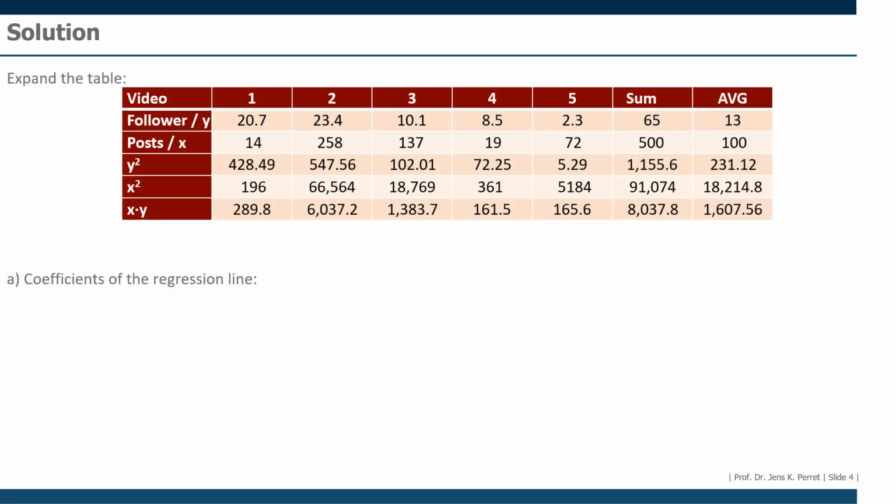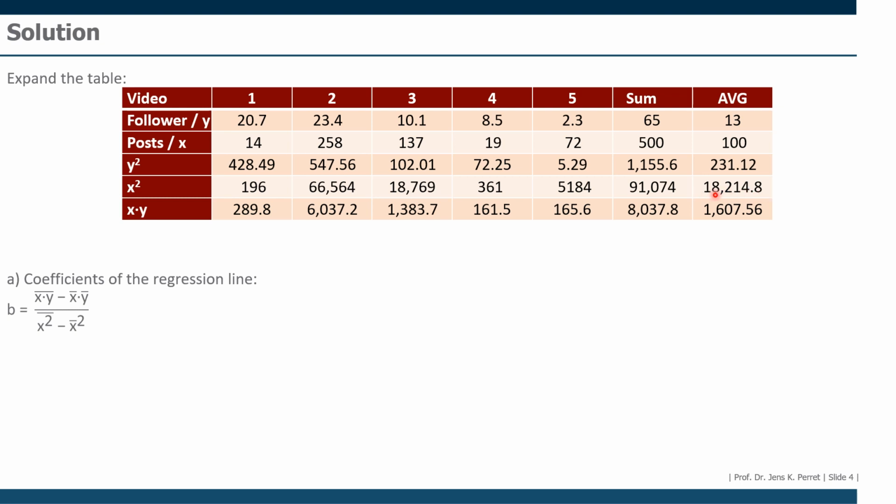Because if I start with A, with the coefficients of the regression line, I have the following formula for the slope. That's first off the average of x times y. It's actually the last value I calculated here, the 1607 point something. And then minus the average of x times the average of y, so 13 times 100, divided by what we have down here, which is nothing else than the variance of x, or the average of x squared, which here is the 18,214.8.